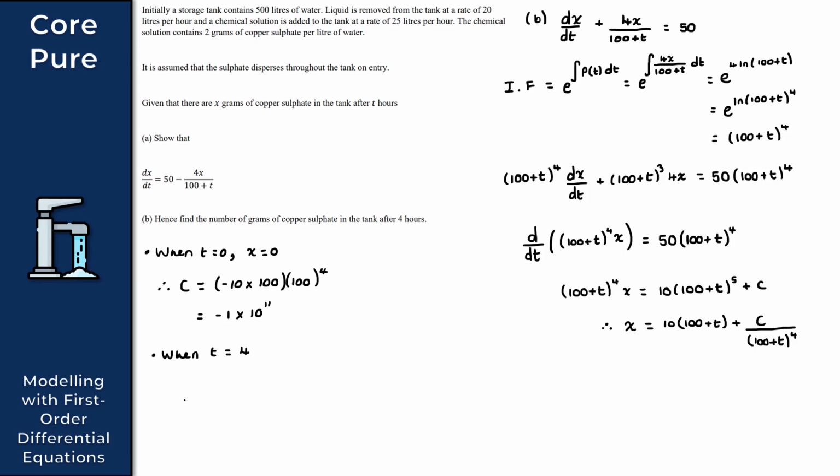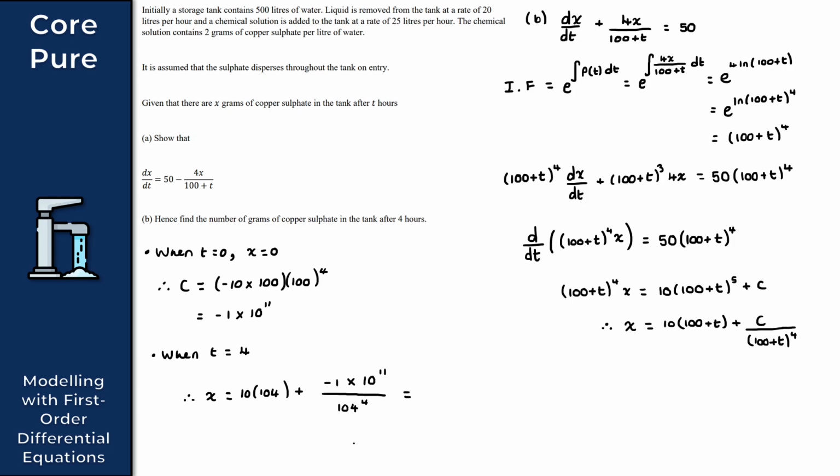X, the number of grams of copper sulfate, is equal to 10 times 100 plus 4, that's going to be 104, plus c, which is minus 1 times 10 to the power 11, all over 100 plus t to the power of 4. So t is 4 again, so 104 to the power of 4, like so.